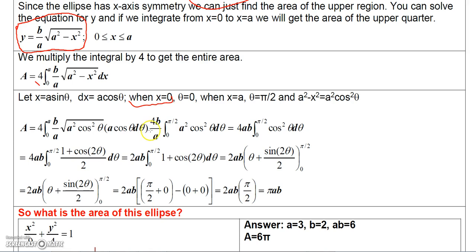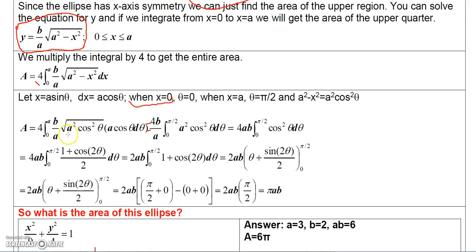And then that's going to equal, looks like I didn't put the equal there. Alright, so that's going to equal 4, and I factored the b over a out, so 4 times b over a. And we're integrating now. Since we switched to theta, remember we're going from 0 to pi over 2.